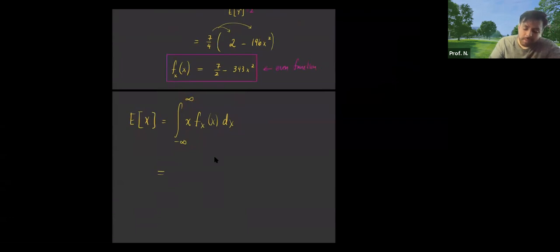If you multiply an even function, so this is even, right? An even function is a function that's symmetric along the y-axis. So it's symmetric if you reflect it across the y-axis. And if you multiply that by an odd function, which is x, the result is an odd function.